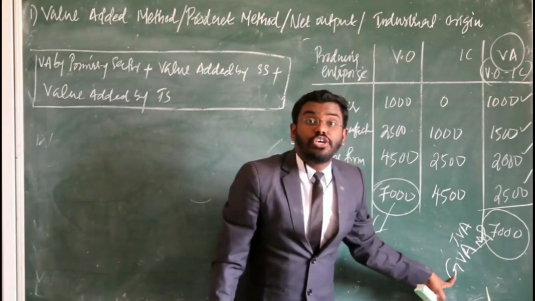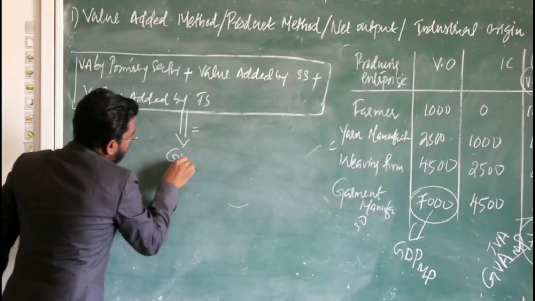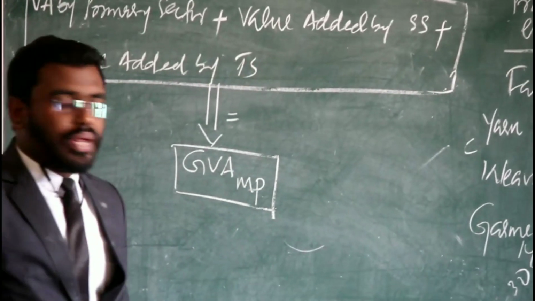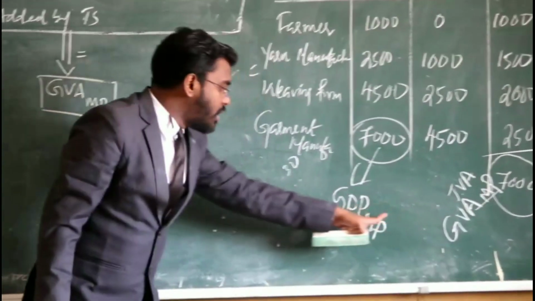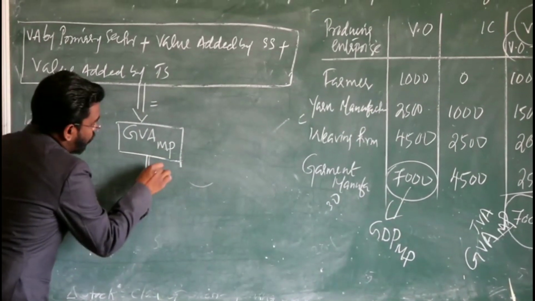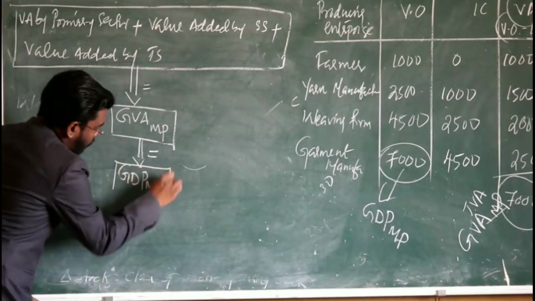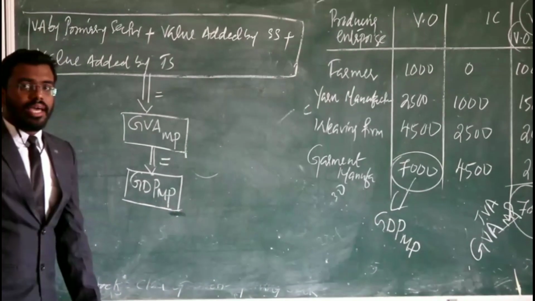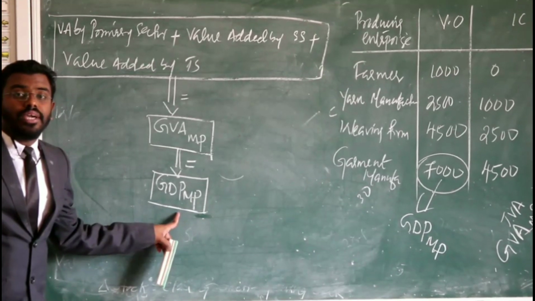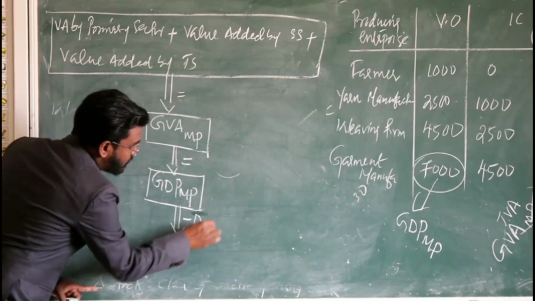We will get GVA-MP, gross value added at market price. Then this GVA-MP is also equal to GDP-MP. Okay, next we can convert this GDP-MP into NDP-MP. How can we convert? Minus depreciation.